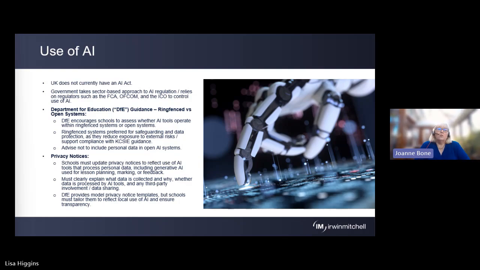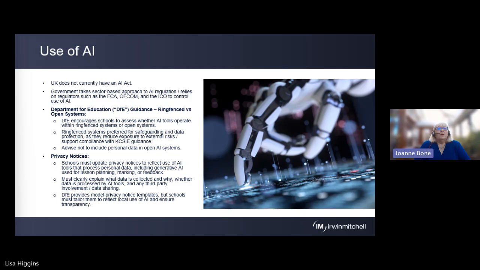It has to be clear what's being used and how it's being used, and that is not always that easy, because sometimes it's a bit like buying a black box. Like, for example, an HR system that's got some built-in AI, you're not entirely sure what it might be doing. So if you are buying in any system with an AI aspect to it, it's important to understand from the vendor what the AI is and what it's doing, so that you can comply with your transparency obligations. It's worth noting the DFE does provide model privacy notice templates, but certainly you do have to tailor them.